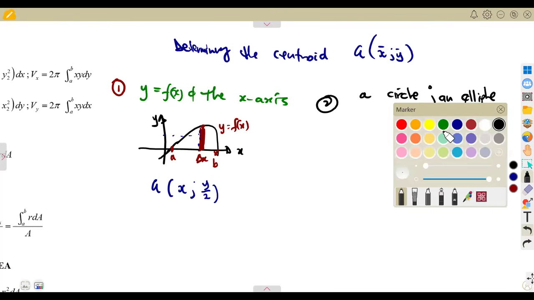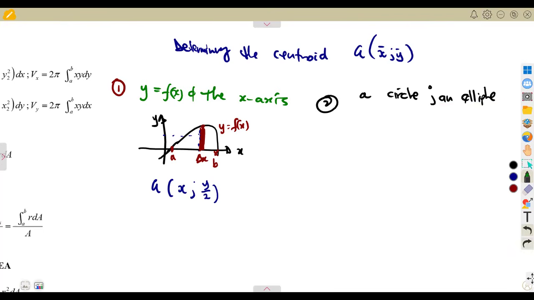When it comes to the centroid part, given our circle or our ellipse, it's going to be something of this nature, let's say taken from the origin. And we are talking about the strip being for X. For the circle, it's just going to be the same thing. It's just going to be opposite when it is the strip for Y, how you consider your X and Y.